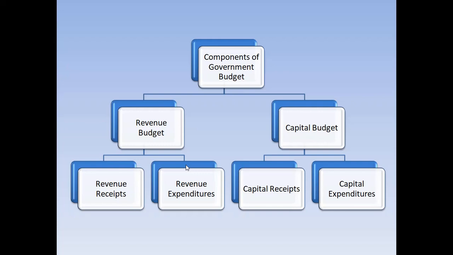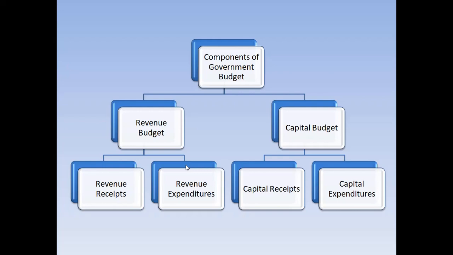Not annually. This annual part is for the capital part. But as I already said, revenue receipts and revenue expenditures both are recurring in nature, be it daily or monthly, or quarterly, but they should repeat again and again within the particular fiscal period.